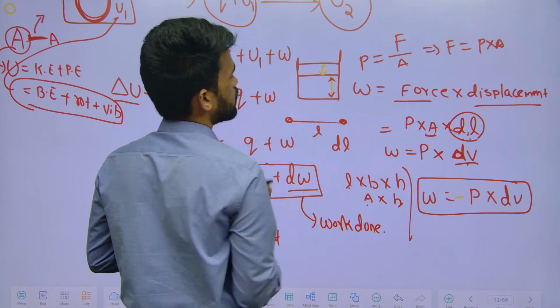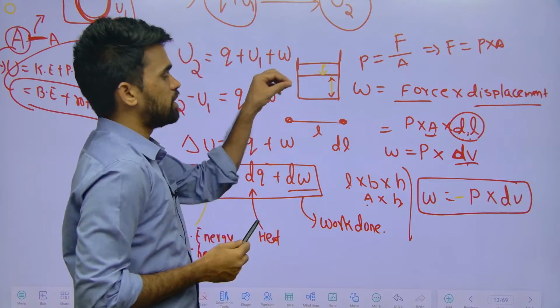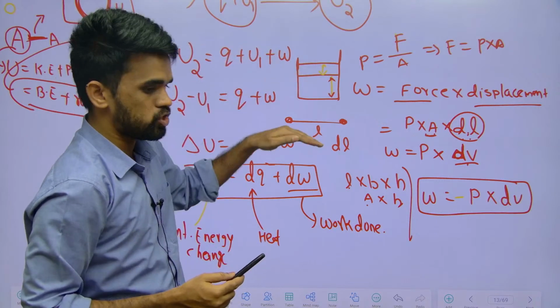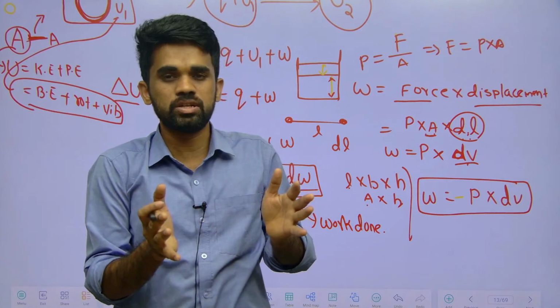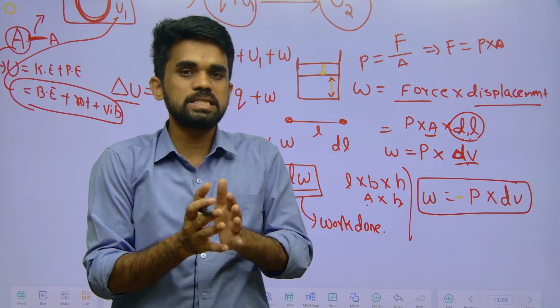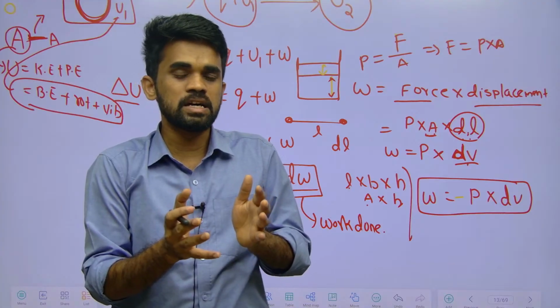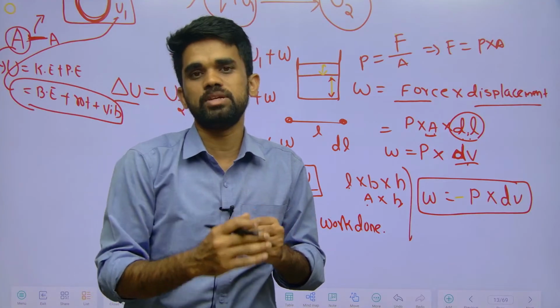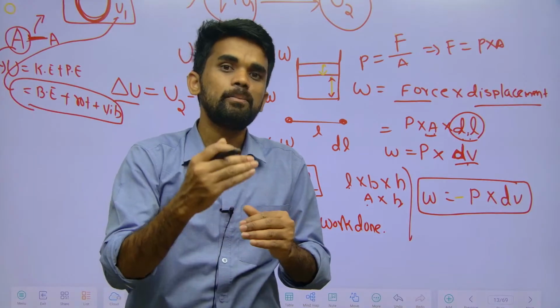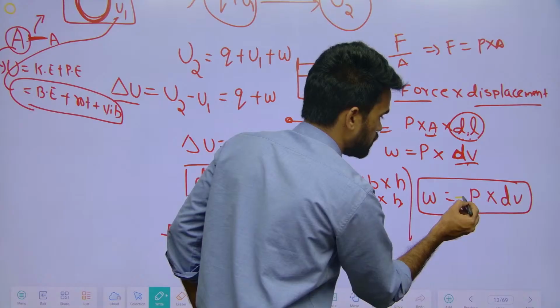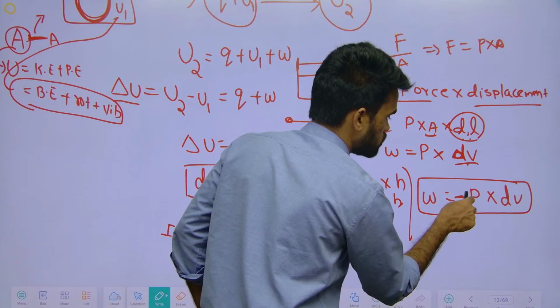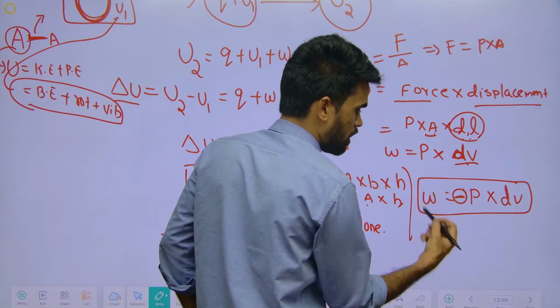When it is undergoing expansion or compression, in order to see that the container is undergoing expansion. So container undergoing expansion means that is called work done by the system in chemistry. In order to indicate that it is work done by the system, we are using the negative symbol over here. So what is the final formula of work done?